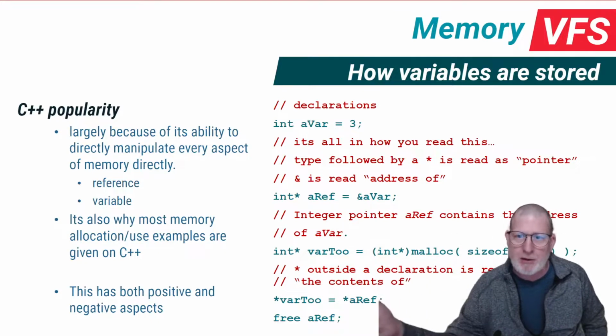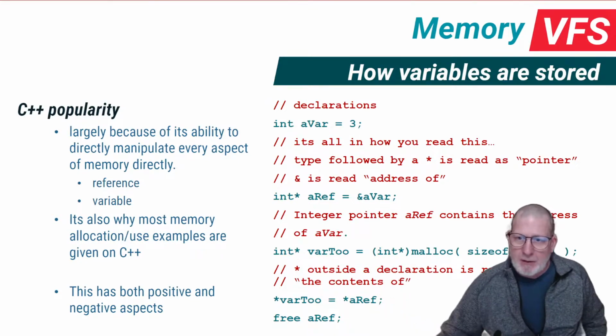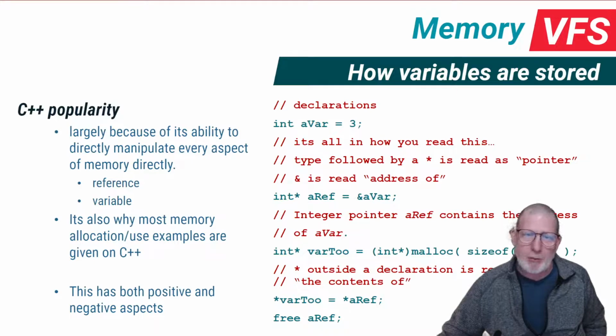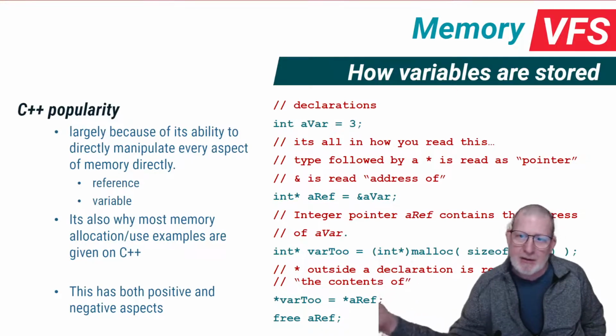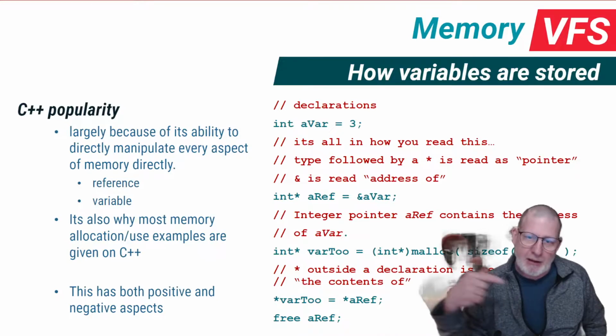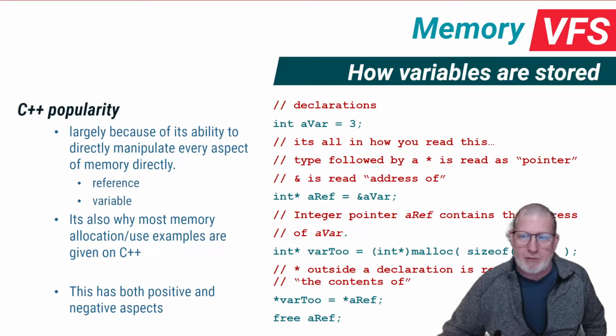It allocated an integer, put the value 3 in it, and a var refers to it. The way we read the next line, I have an integer pointer, that's a new variable the size of a pointer to an integer, called a reference, and that equals the address of a variable. So we're taking the address of the first thing and shoving it into a reference.